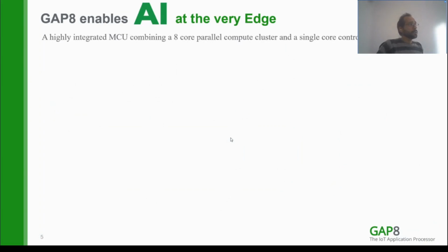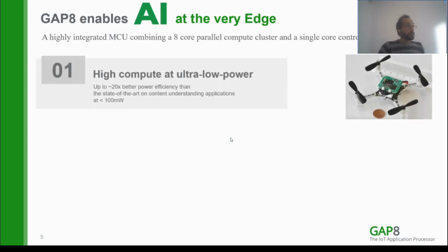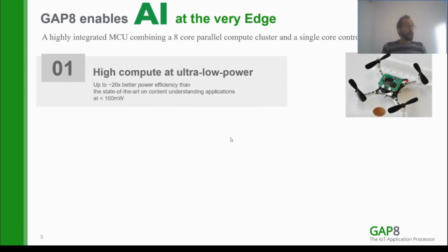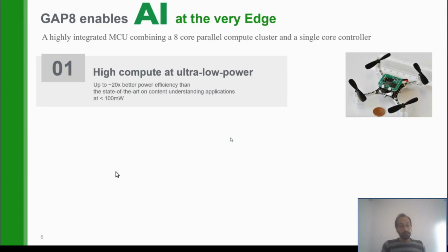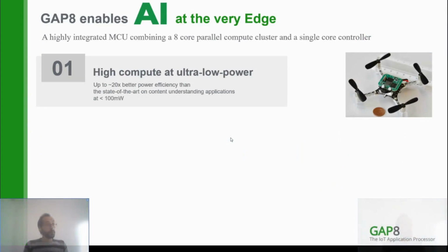I will present here three main concepts, which are the ones that we use to design our chips. The first one is to have high compute at low power, so trying to exploit different architectures to be able to have high MIPS per watt.